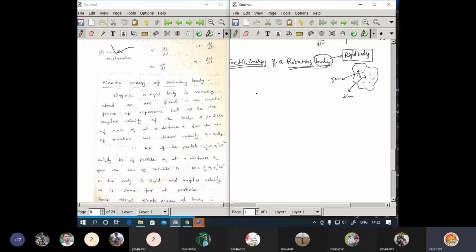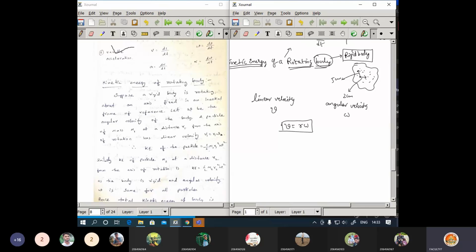Now initially, from the previous expressions, we got the linear velocity v and the angular velocity omega, and the relation between these two is v equals r omega.